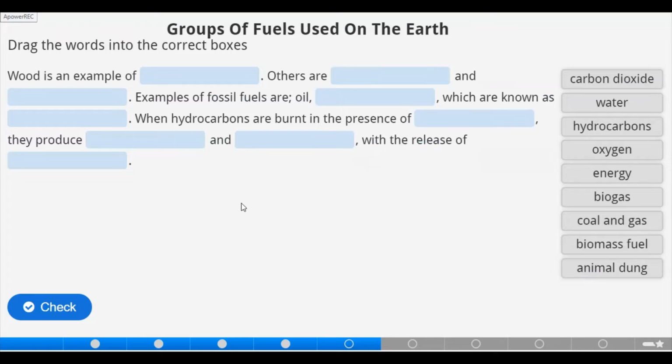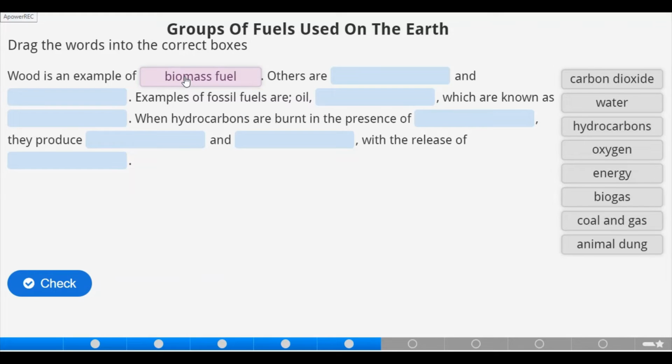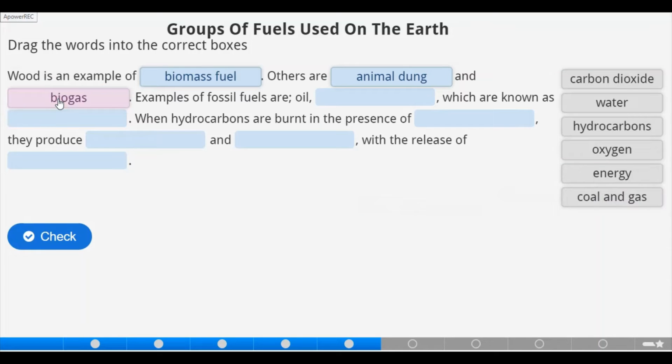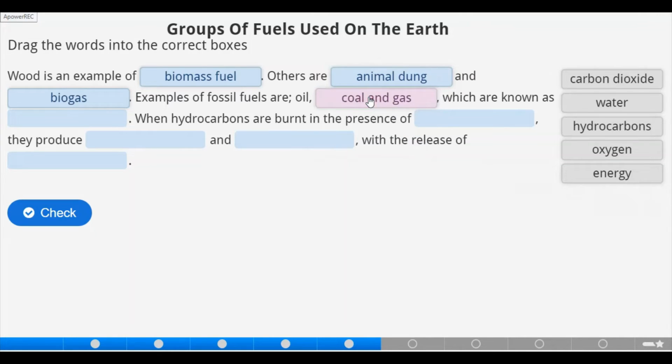Okay, we are also to drag the words into the correct boxes. Wood is an example of biomass fuel. Others are animal dung and biogas. Examples of fossil fuels are oil, coal and gas, which are also known as what?